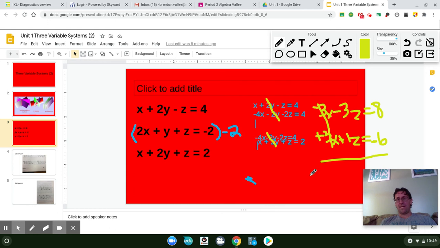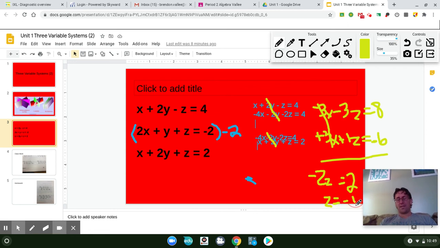So I'm left with -2z equals 2. So that means that z equals -1 because I divide both sides by -2.